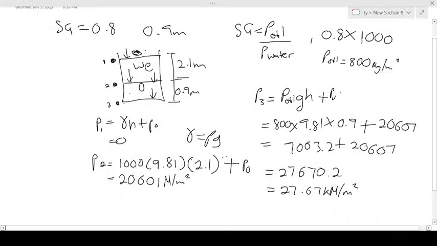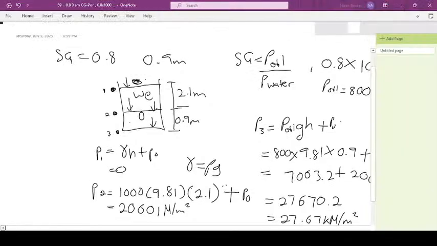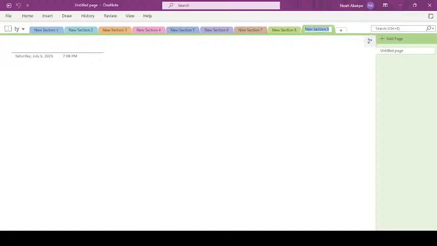So let's take another example. In this question, this is the diagram.